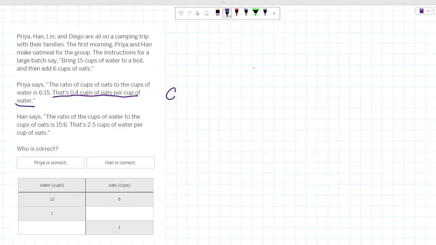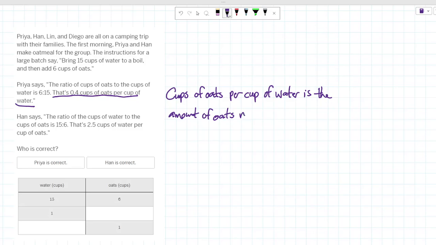So when we talk about cups of oats per cup of water, that's going to be the amount of oats required for how many cups of water? If it says per cup of water, how many cups is that? For 1 cup of water.